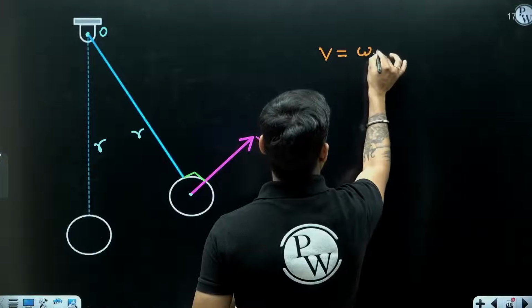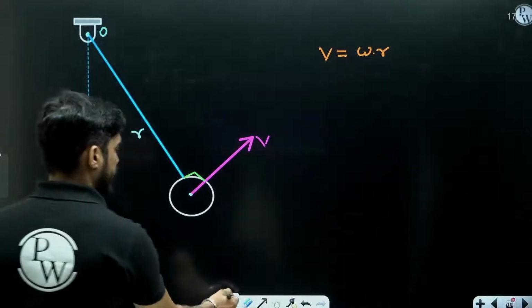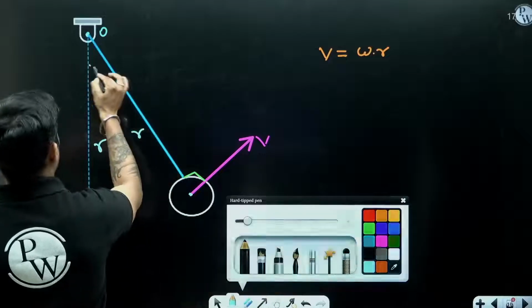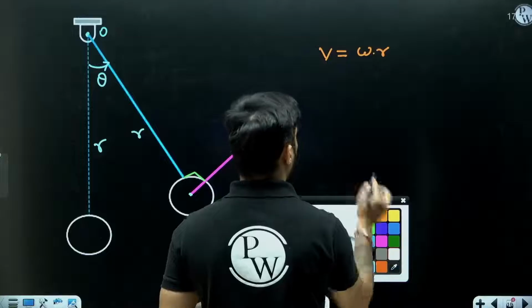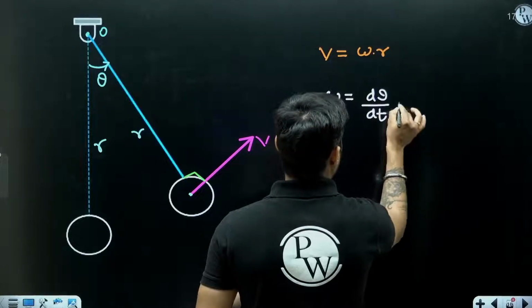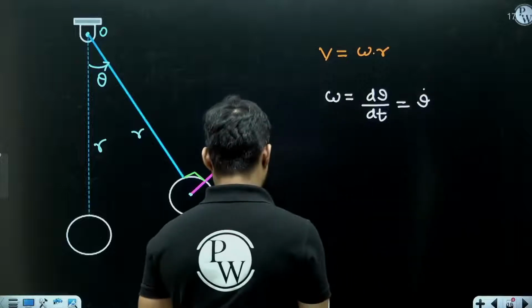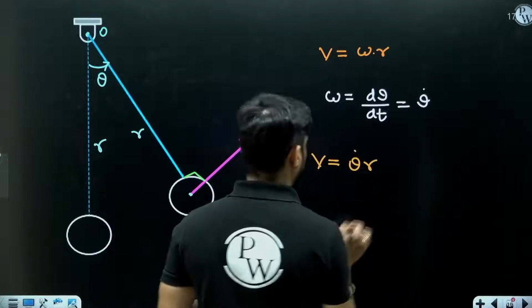V will be omega into r. Let's say this angle is theta. So what is omega? It is d theta by dt, meaning theta dot, right? So I can write v equals theta dot into r.